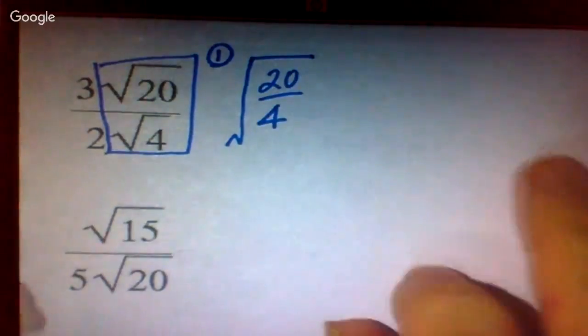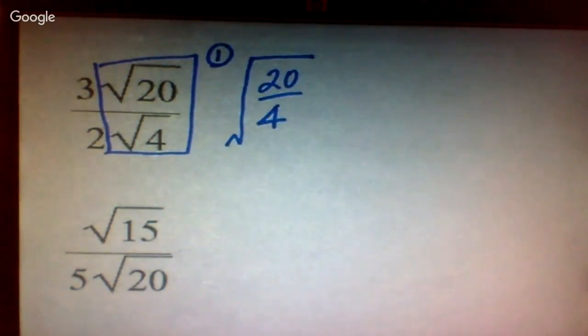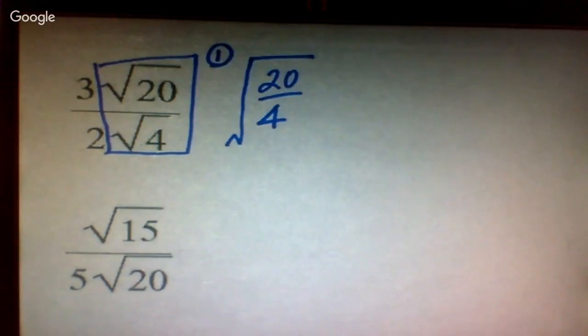Instead of having 2 small radicals, we're going to have the square root of 20 divided by 4. Again, we're only going to deal with those radicals first. So we took both of those small square roots and we created one large square root.